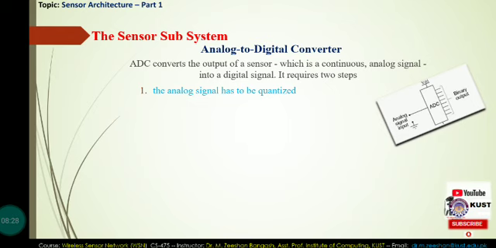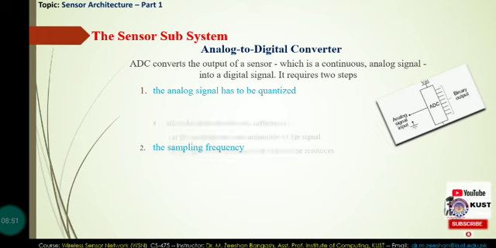Discrete means both in terms of time and in terms of magnitude. This is a very important decision that determines the number of discrete values that must be allowed. And the second thing is the sampling frequency.